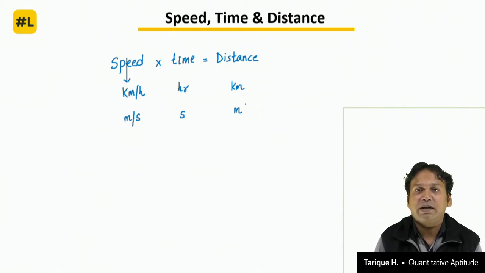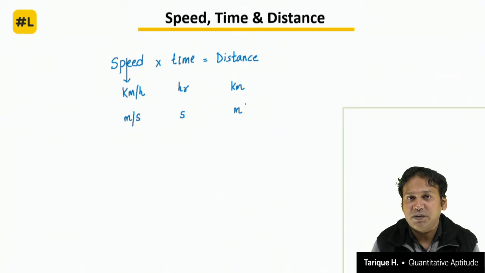For example, in a question on trains, if they say that a train 110 meters long is moving at a speed of 40 kilometers per hour, how much time will it take to cross an electric pole? Now the length of the train is in meters, the speed of the train is in kilometers per hour.